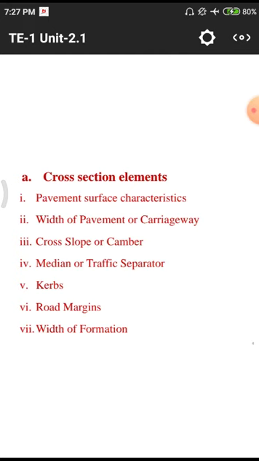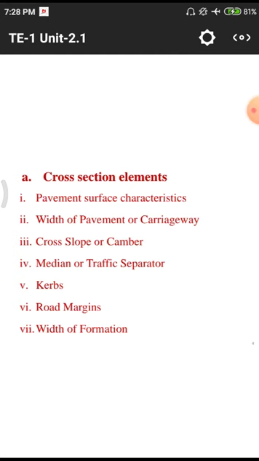And next one is median or traffic separator. Medians we observe on national highways. That means the entire road, having different lengths, is divided into different parts with a white line. Those are called medians and traffic separators. And next one, curbs. Curbs are provided besides the end point of the road.